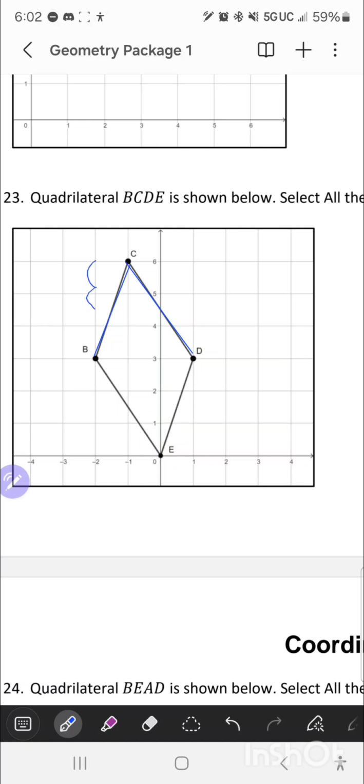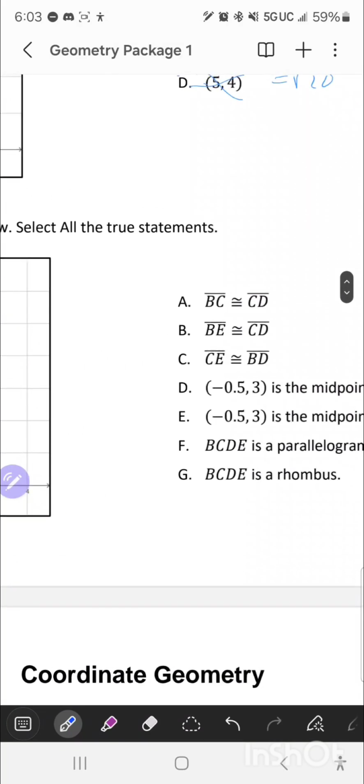I see that there are three squares on one side, one, two, three, and there is one here, so it's one and three. When I count this, I see one, two, two here. I see one, two, three, three here. We see that they are not equal. So this side is equal to this side, but this side is not equal to this side. So by simply doing that, I know that BC and CD are not equal, so they are not my answer.